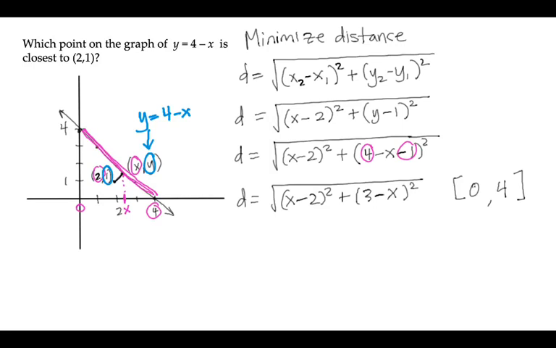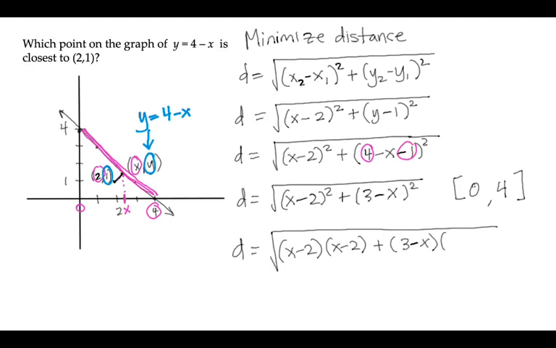All right, so now let's simplify. I'm going to keep this big radical, and I'm just going to FOIL out x minus 2, x minus 2, and 3 minus x, 3 minus x.